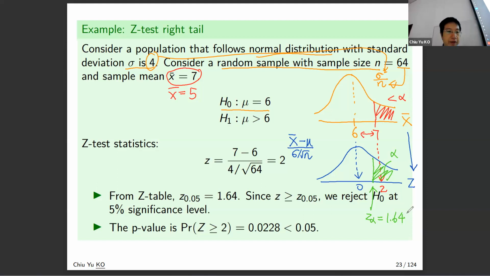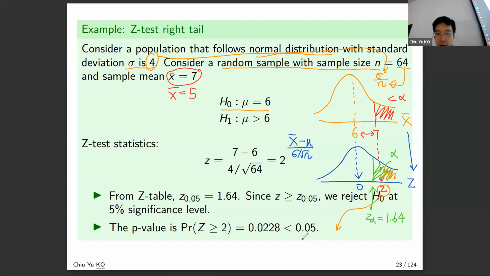And how to calculate the p-value? The p-value is just looking at the area on the other side of 2. So how do we do that? You calculate the area on the left.